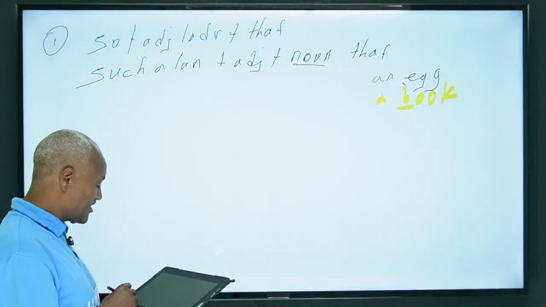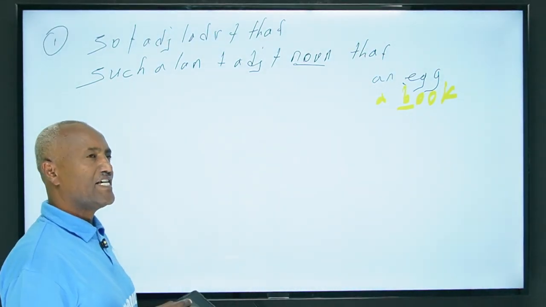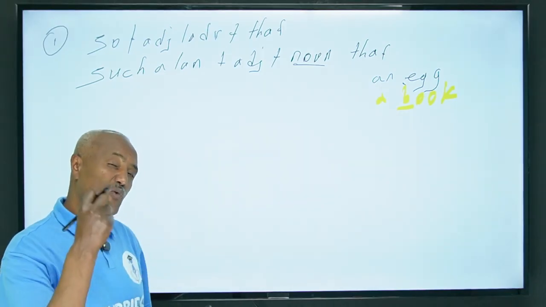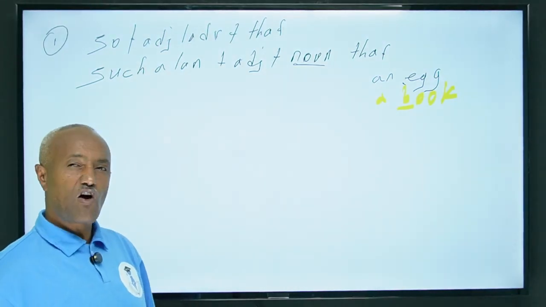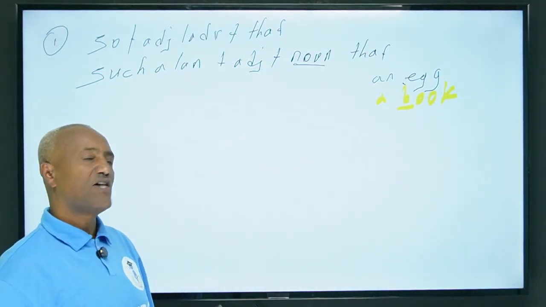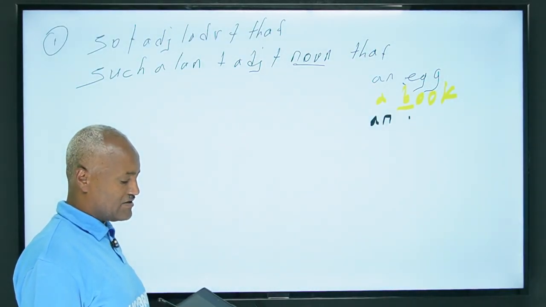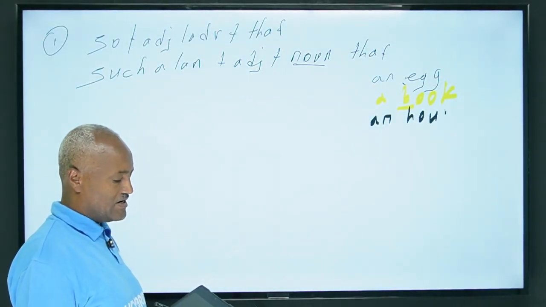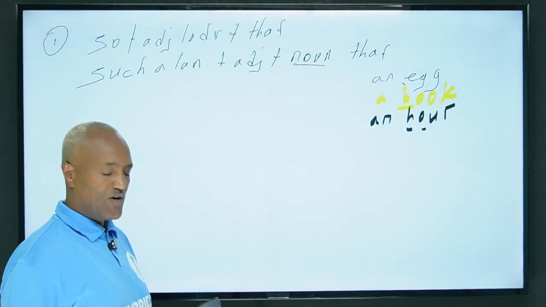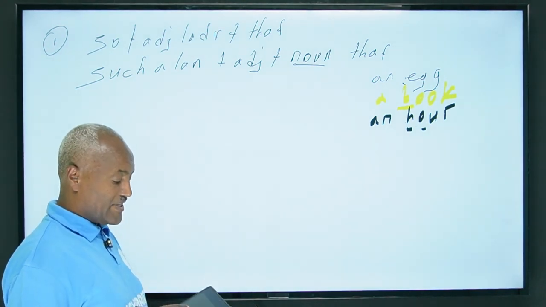But sometimes don't overgeneralize. Sometimes even if the letter is a consonant, the sound is a vowel sound. For instance, we say an hour, because H is silent here and we just pronounce the vowel. Therefore, there is a possibility that we use an.